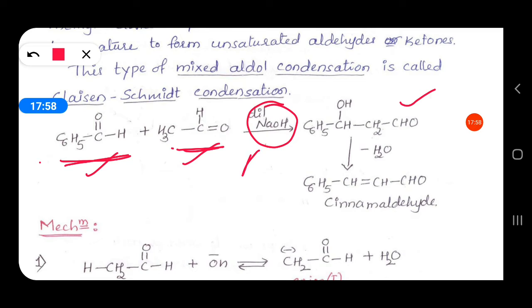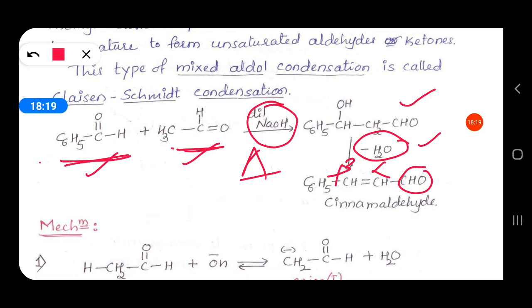But we are heating the reaction mixture, so that product will lose a mole of water molecule and gives alpha beta unsaturated aldehydes. So this is the functional group. Adjacent to that alpha carbon, this is beta carbon.